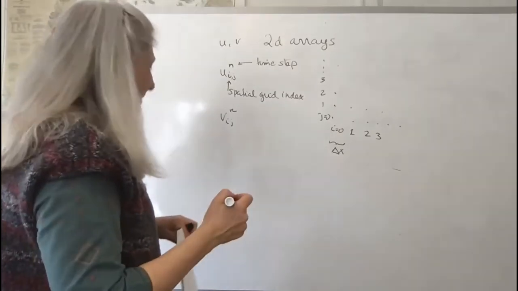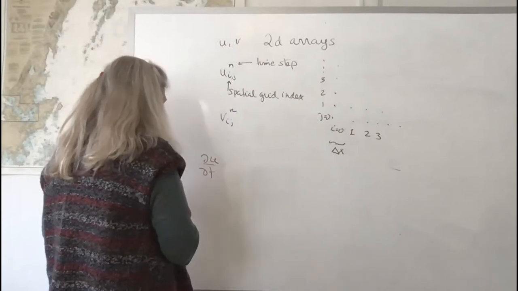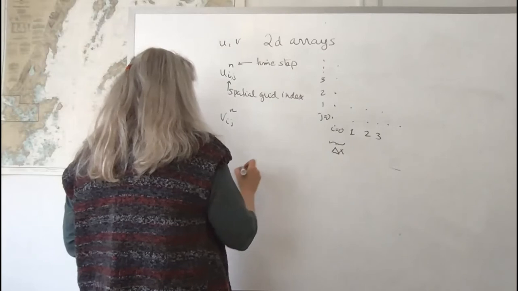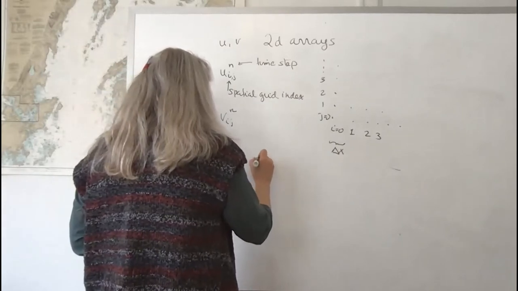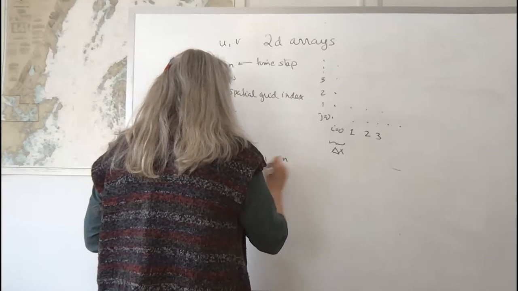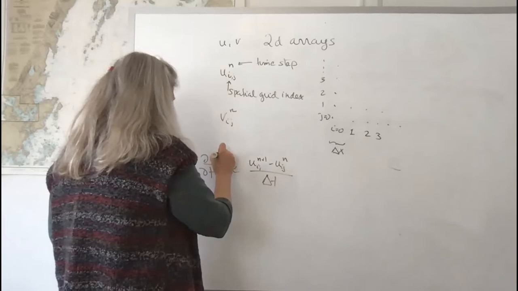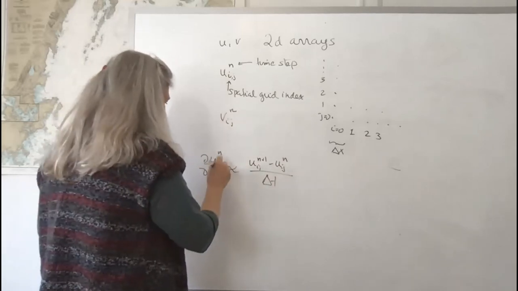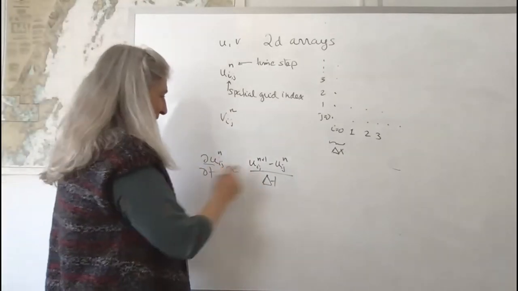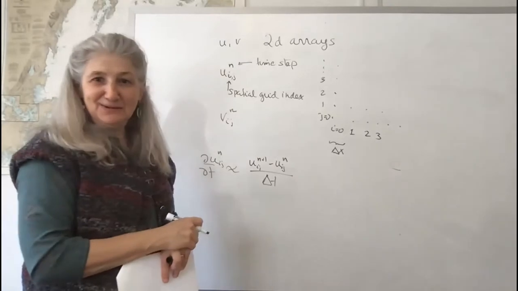Okay, so the Brusselator model has a du/dt in it. So let's approximate that with u_ij of n plus 1 minus u_ij of n, over delta t. So that's a first order approximation to the time derivative.